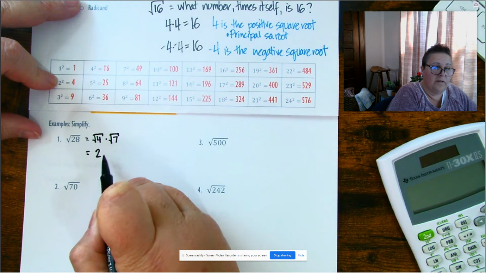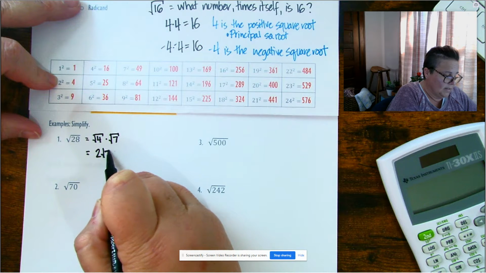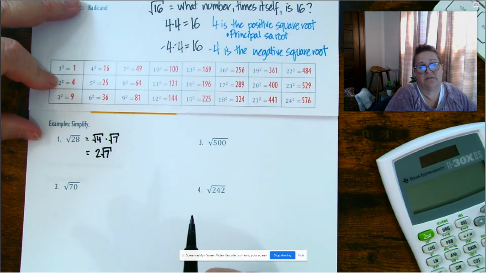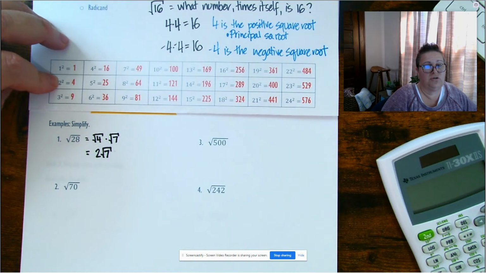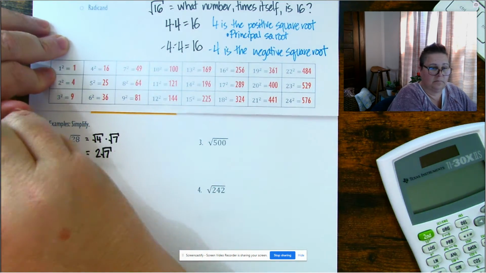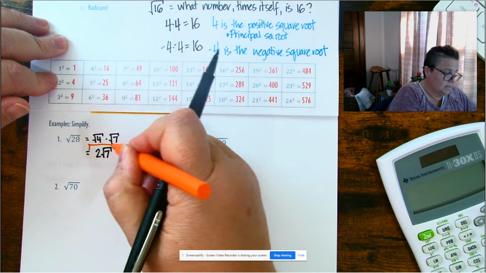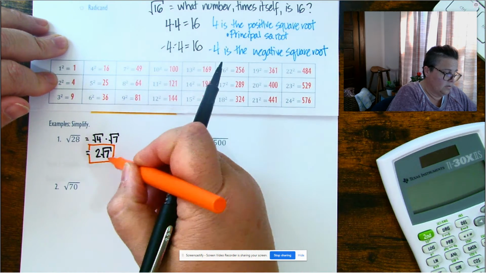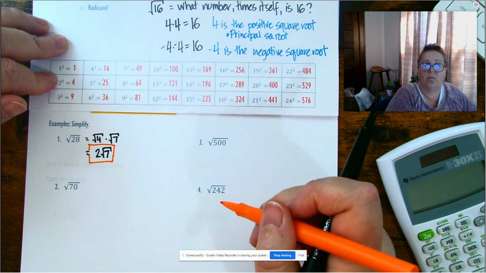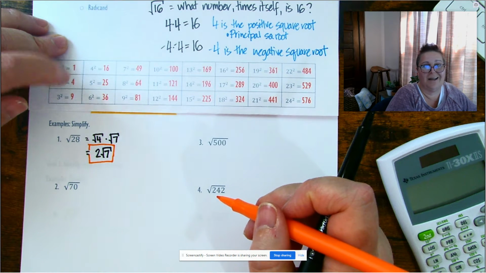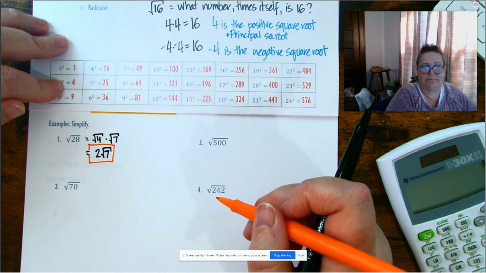The square root of 7 will not simplify, so I can leave this as 2 square roots of 7. The square root of 28 must be equal to 2 square roots of 7. And once what's underneath the square root is only divisible by 1 and itself, or by 1 and some other number that is not a perfect square, I'm done.